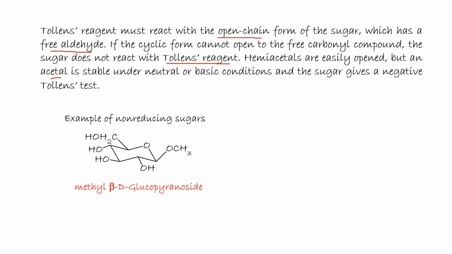So if we have here, this is the anomeric carbon, OR, OR, so this is acetal, cannot open to aldehydic analog, so this is a non-reducing sugar. It will not reduce the Tollens reagent and we have no reaction.